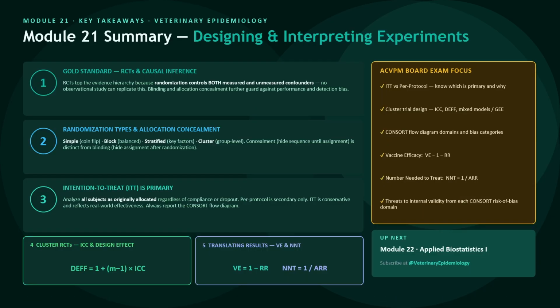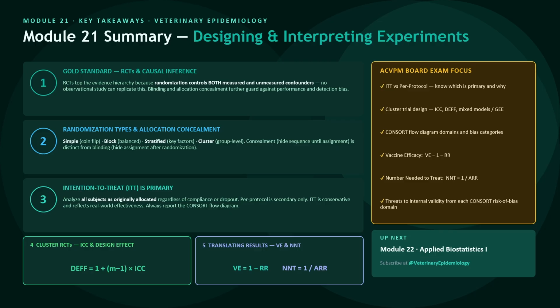We covered the essential components of experimental study design in veterinary epidemiology. RCTs are the gold standard because randomization controls both measured and unmeasured confounders. Blinding and allocation concealment protect against bias. ITT is the preferred primary analysis.